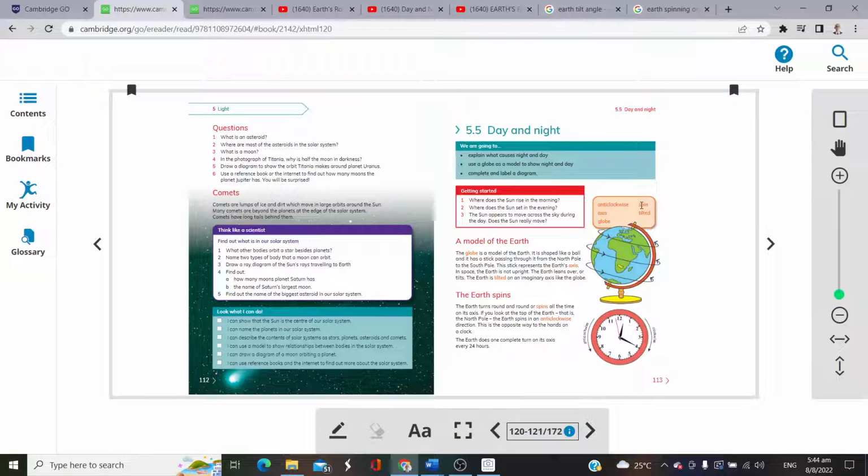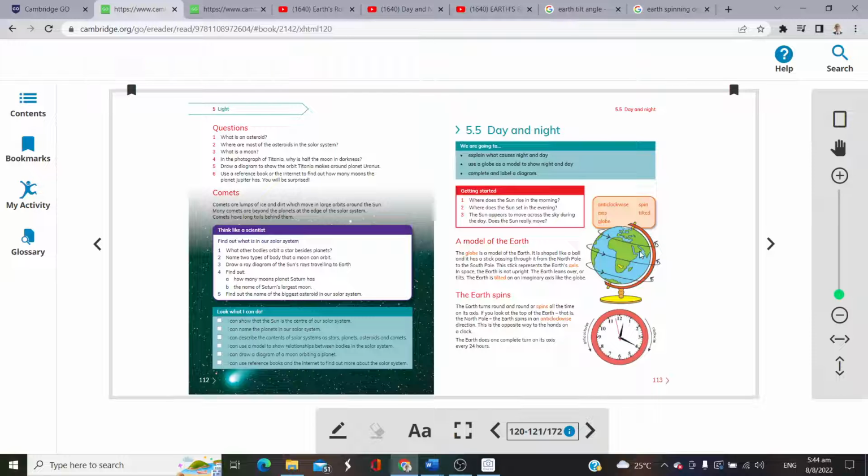So first of all, let's see here. The Earth, a model of the Earth. So this is the globe. Okay, I said it many times. This is the globe, and you can spin the globe as the Earth can spin also. So there are two types of movement for Earth. One is spinning on its axis. So what is axis?